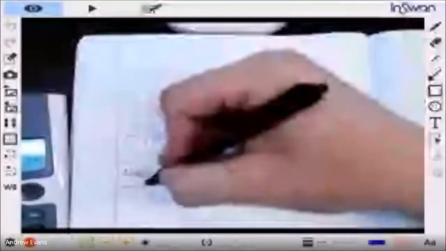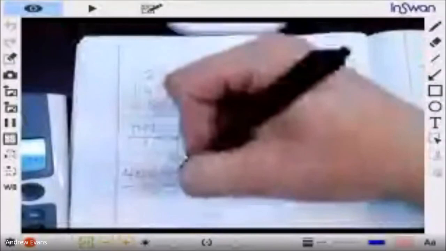I'm trying to show all of the units to help keep track of where these all go. So grams of iron oxide, moles of iron oxide, moles of iron.